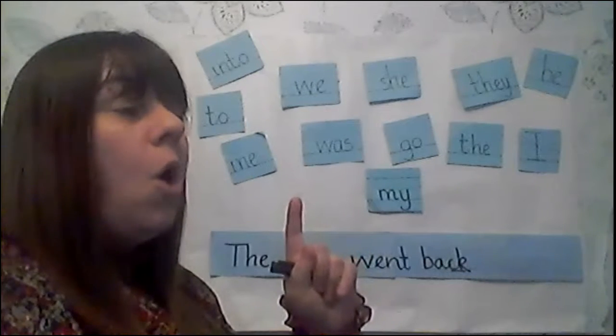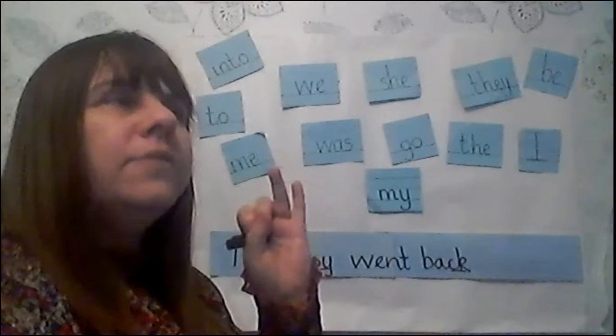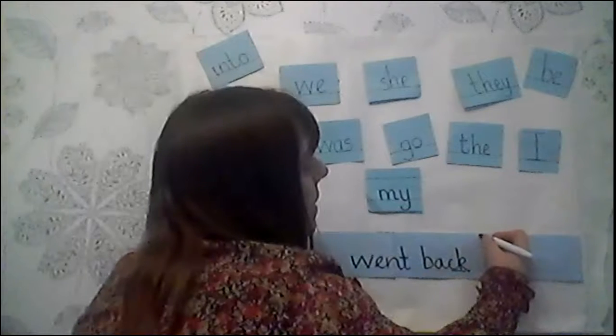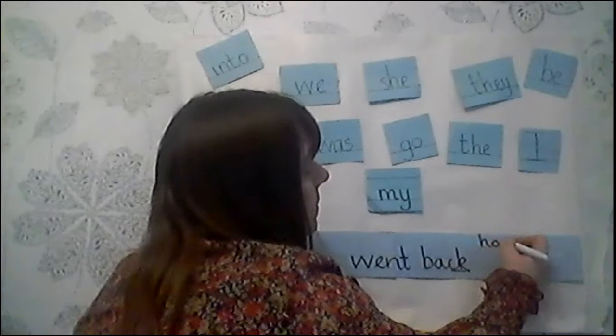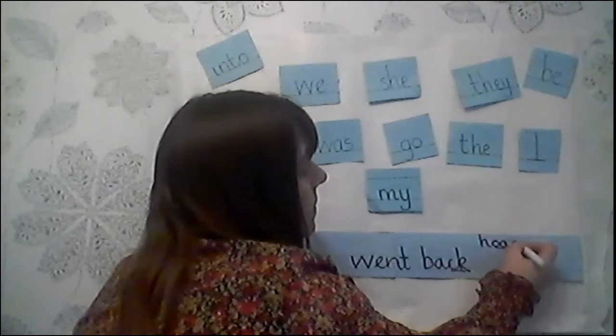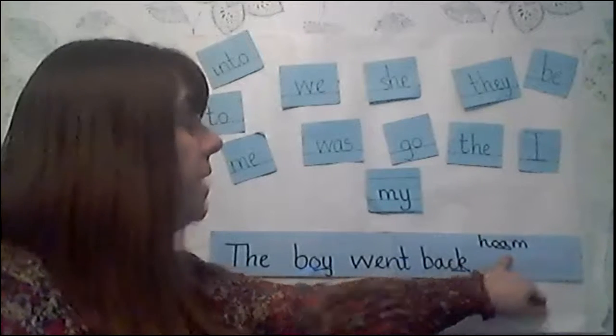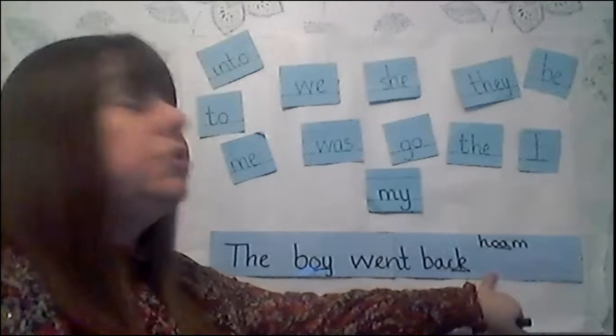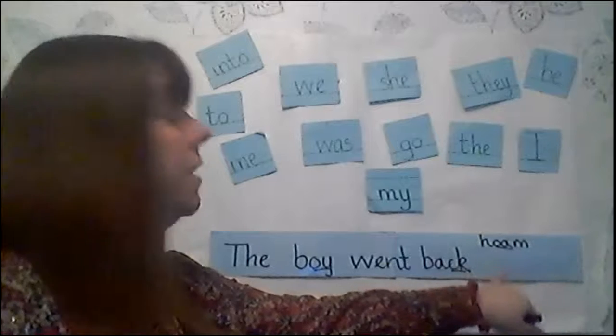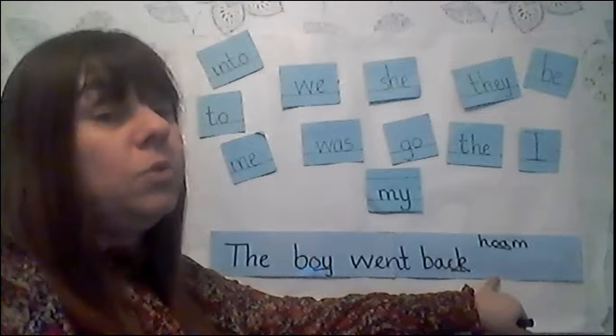Now, if you spell home with the O-A, like this, that is fine while you're in reception. However, I am going to introduce you to a split digraph that you will be learning just before we go to year 1.